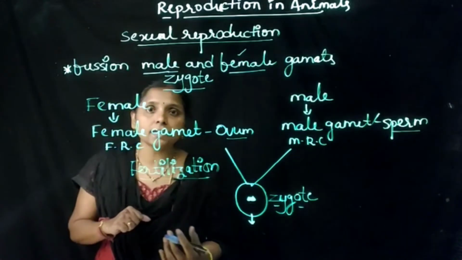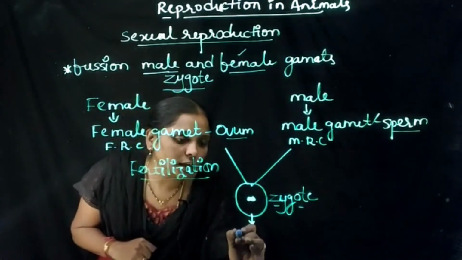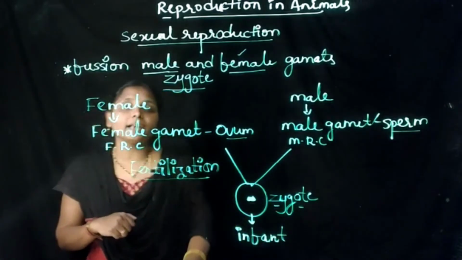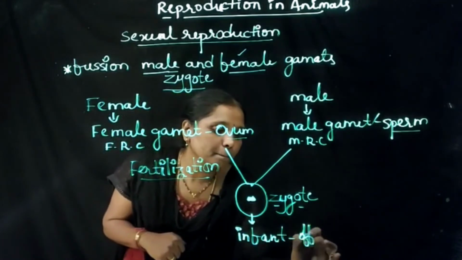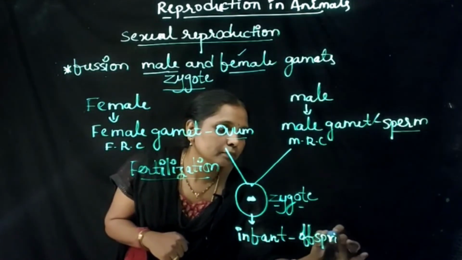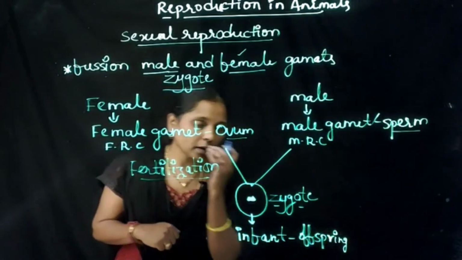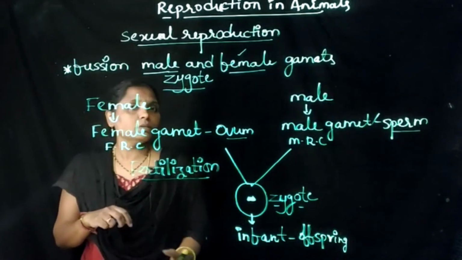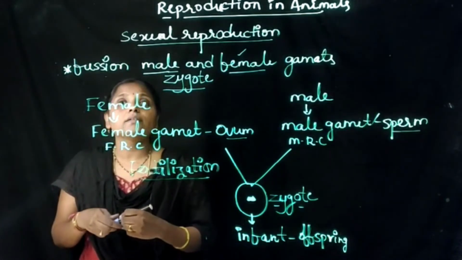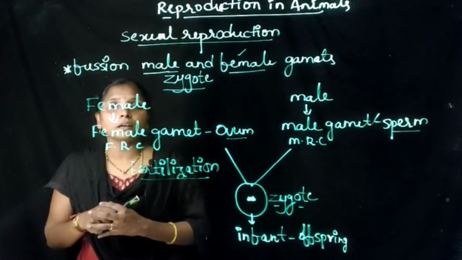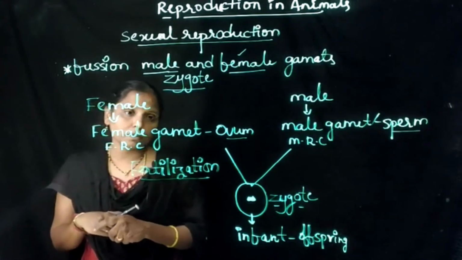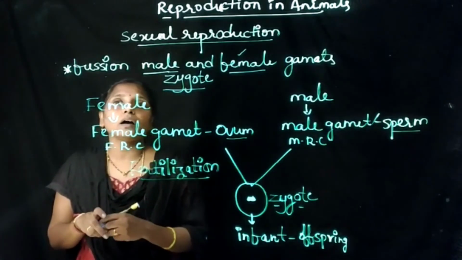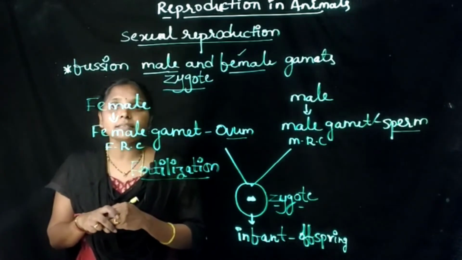It increases its cells and then forms an infant. That infant is nothing but the offspring. These offspring develop into an adult organism, a fully developed organism. Okay, so this is the way animals reproduce in the sexual manner.